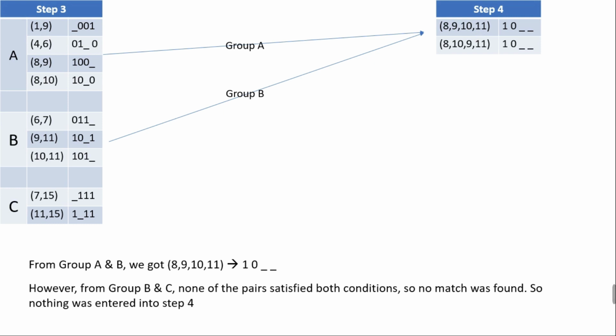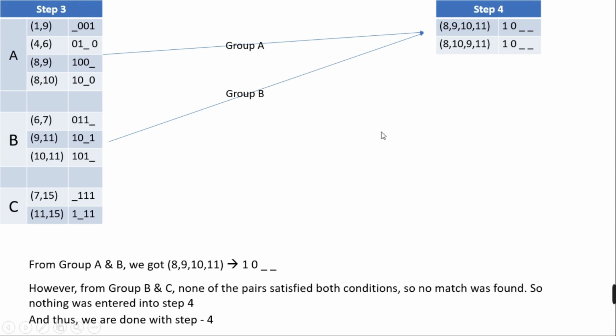Since from group B and C none of the pairs matched both conditions, we have not taken anything from group B and C, and that's why there is nothing written over here. That's how we're done with all the group comparison from step 3. Now we are done with step 4.